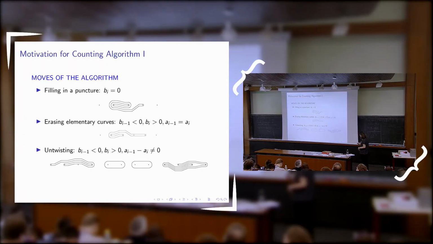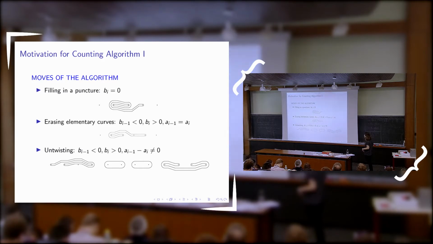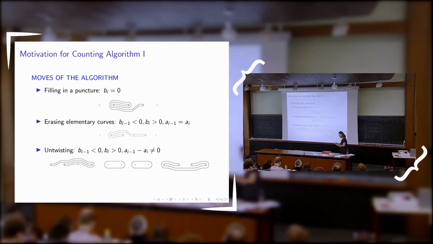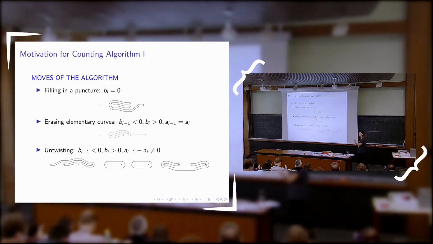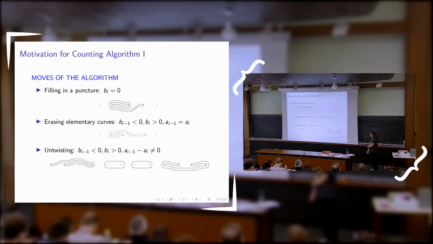Sometimes you get an elementary curve, and sometimes you don't. It decreases I, certainly, in both of these cases. What you get at the end is either a bunch of elementary curves after this move, or nothing, but you have already decreased I by 1. So there's also some decrease in this move. Okay.